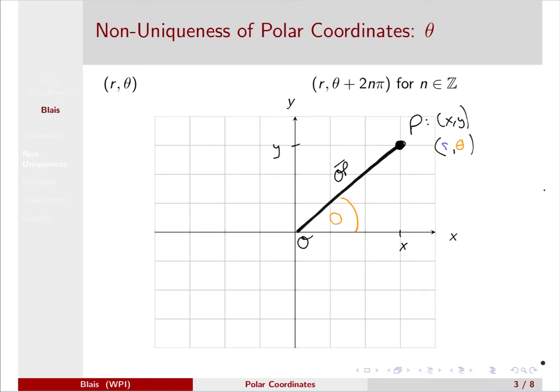This angle is theta, and then the length of OP is our coordinate r. But think about your radians. And think about the fact that if we took this point P and rotated it around by another 2 pi radians, we get back to where we started. So we could also say that in polar, this could have been written as (r, theta plus 2 pi).